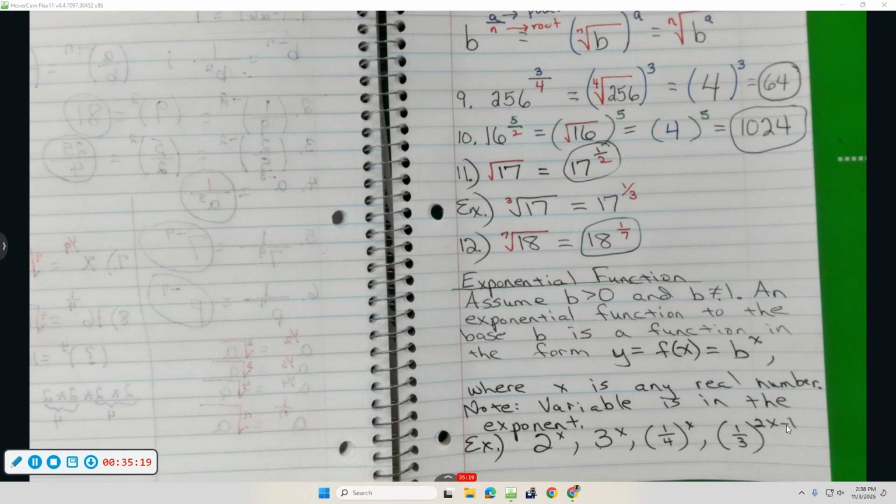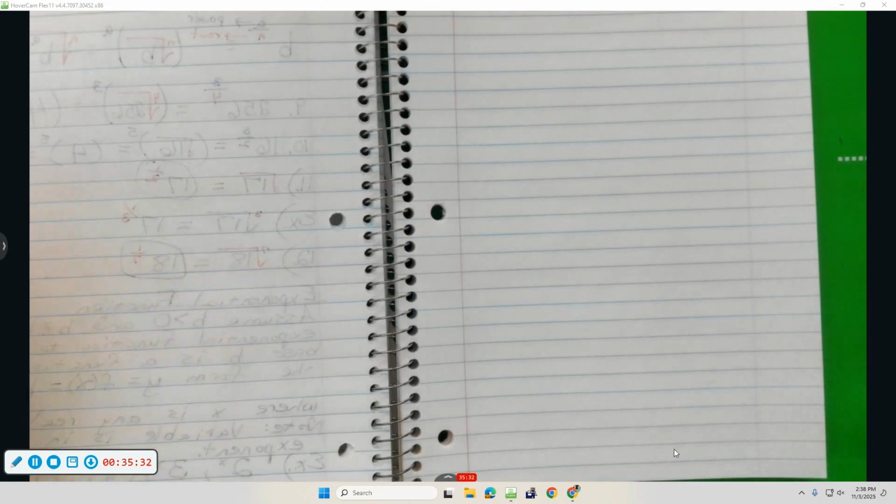We're going to do two things today involving two broad topics. We're going to graph exponential functions, and then we're going to start solving exponential equations. We'll start by graphing exponential functions.